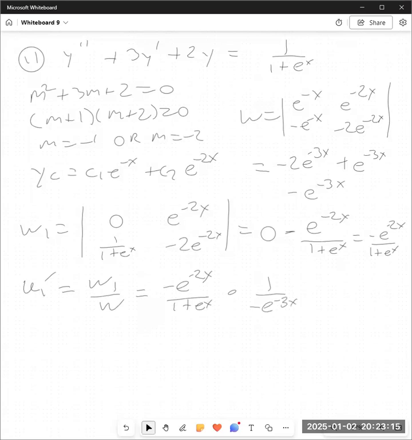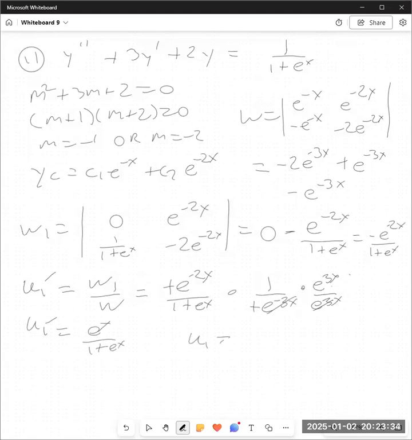So I'm going to multiply top and bottom here by e to the 3x to get rid of this. That negative and that negative cancel. u1 prime is equal to e to the x over 1 plus e to the x.